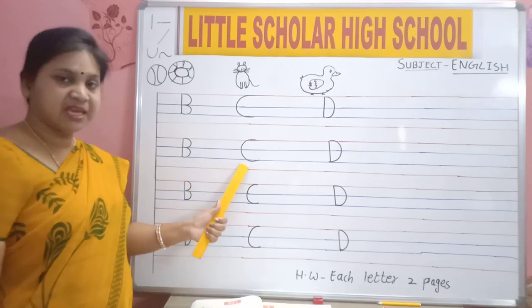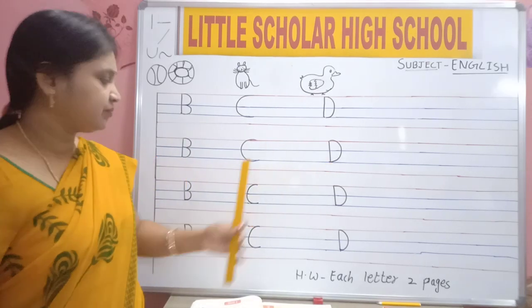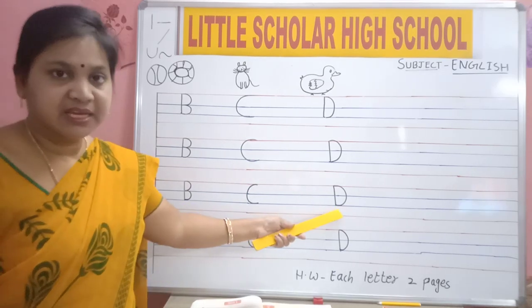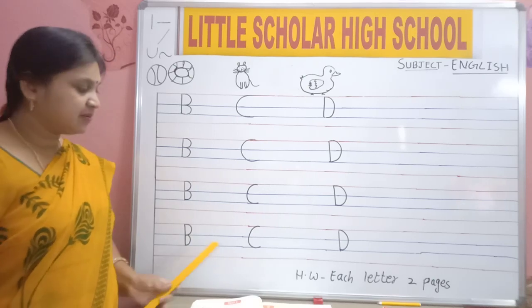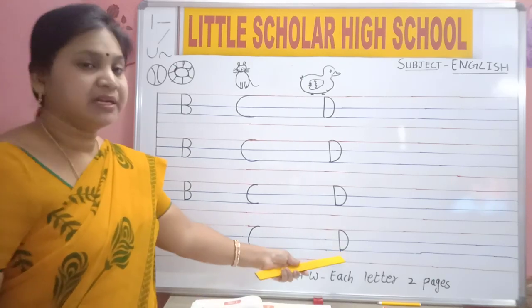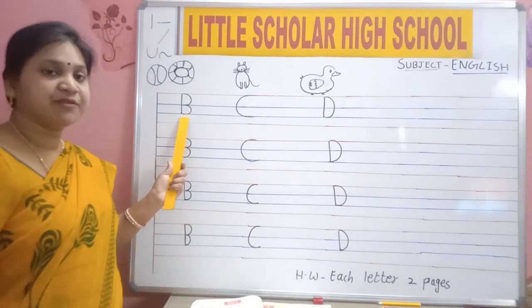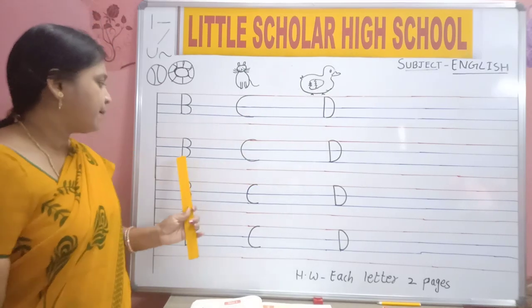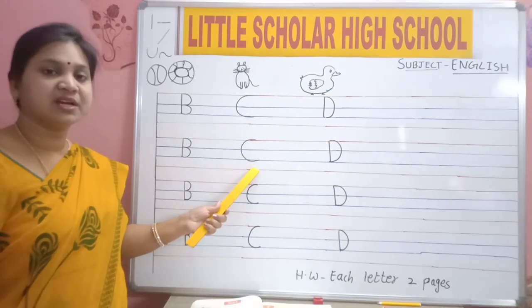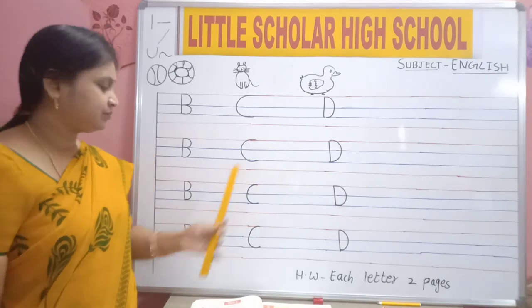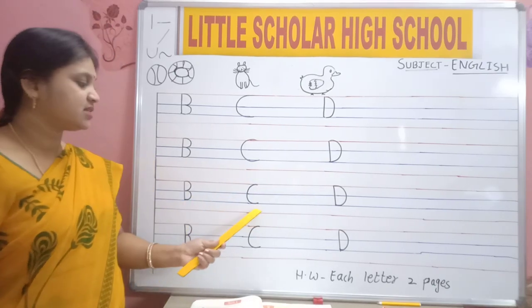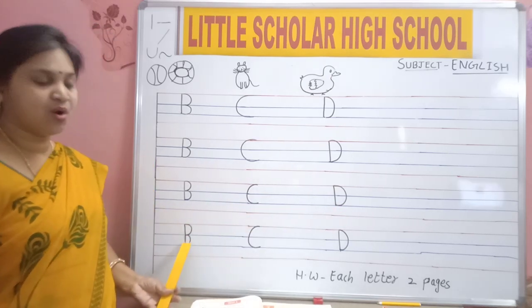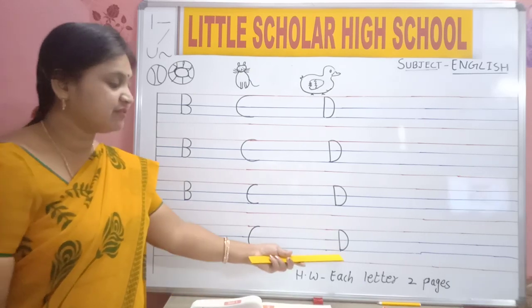B, C, D. B for ball, C for cat, D for duck.